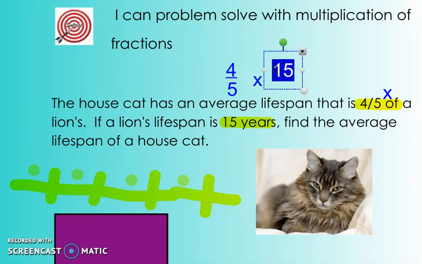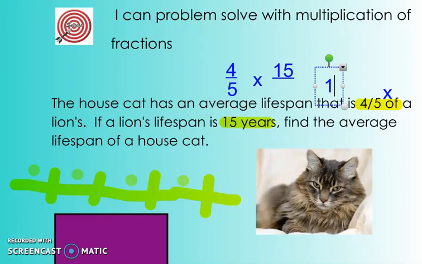To do that, I am going to put 15 over 1, because 15 divided by 1 is 15 wholes. So putting it over 1 really hasn't changed anything. And so now I have 4/5 times 15 firsts.